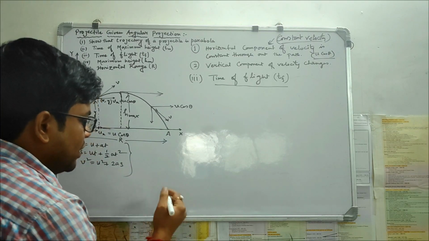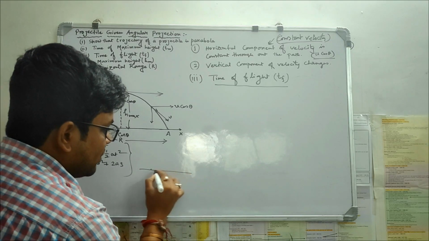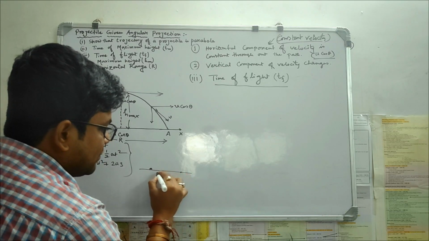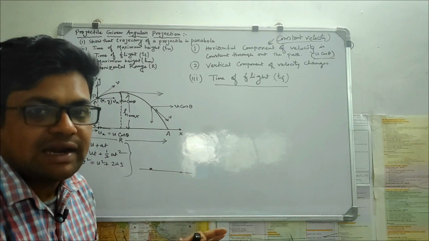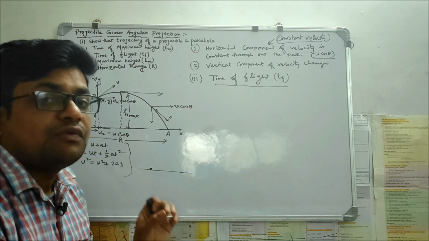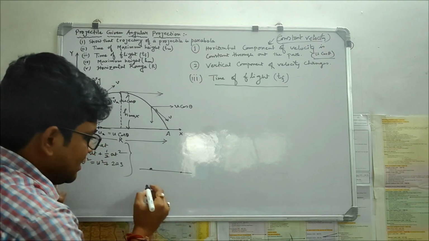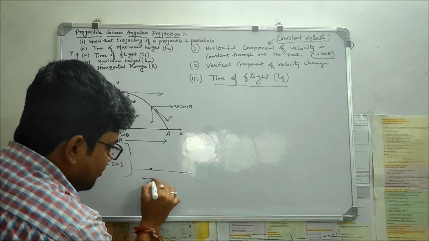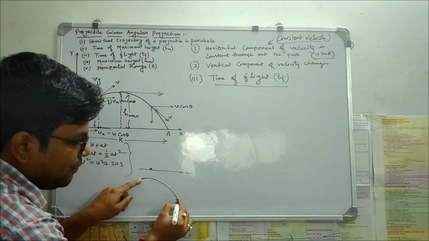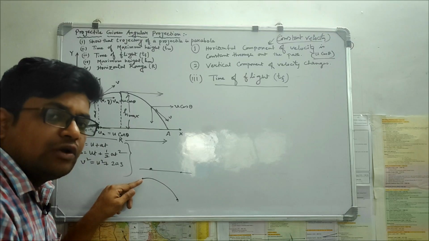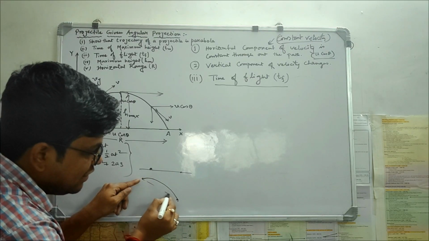Kyon? Because when an object is moving from this point to this point at the same horizontal level, there is no vertical displacement. Students seem to make a mistake: when the object is moving from here to here, what is the displacement? We know the displacement means the shortest path between the initial and final point. So is this the displacement?